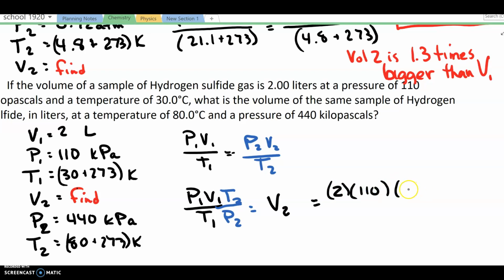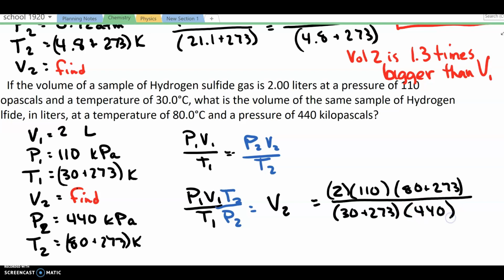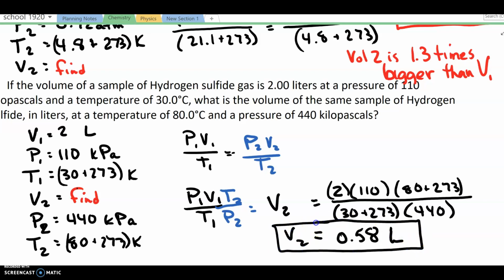Temperature number 2, doing the algebra, was 80 plus 273, and T1 was 30 plus 273 times P2, which was 440, and that gave me 0.58, and it initially started in liters, so my new volume is given there.